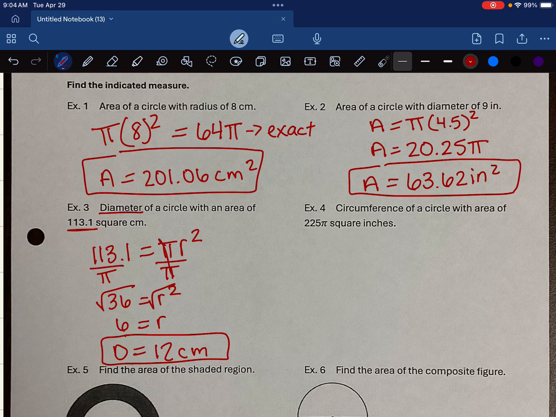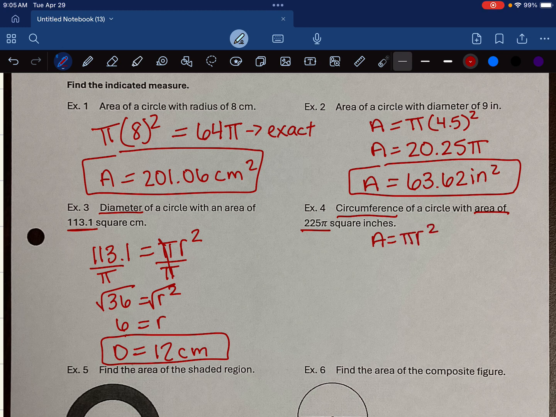I'm writing right now. Okay, now, example 4, right, gives us what? It wants us to find circumference given area is 225 pi. So we're still starting with our area formula. Area equals pi r squared.